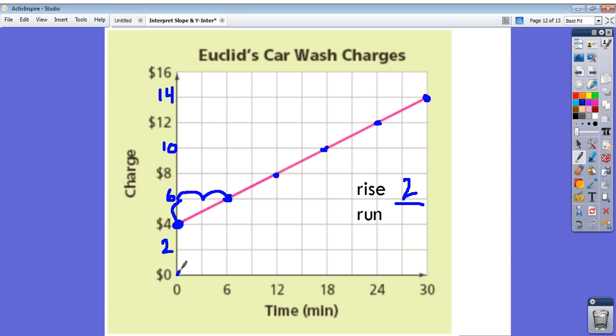I just went from 0 over to 6, so that was a change of 6. My slope right now is 2/6. I can simplify this by 2. 2 divided by 2 is 1, and 6 divided by 2 is 3. So this graph has a slope of positive 1/3. Your turn to practice.